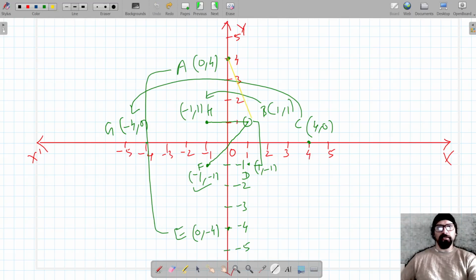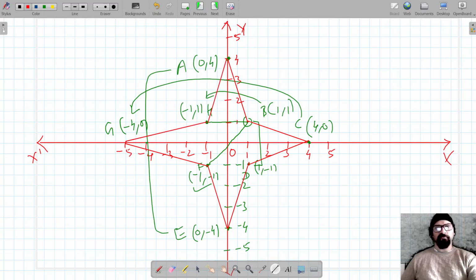Let's join A to B, then B to C, C to D, D to E, E to F, F to G, then G to H, and H to A.